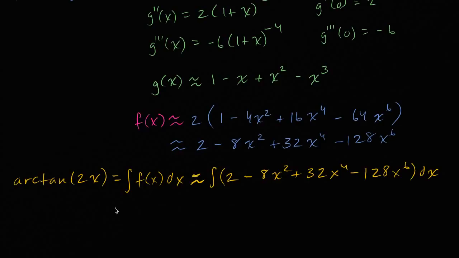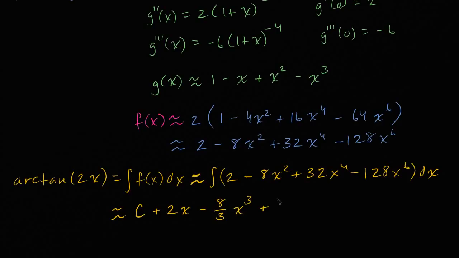So we get approximately equal to, well, I'm going to have a constant there. Let me write the constant first, because when we write our power series or Maclaurin series, the first term is the constant term. It's our function evaluated at 0. So we're going to have a constant, and the antiderivative of 2 is going to be plus 2x. The antiderivative of this, it's the x to the 3rd, divide 8 by 3, so it's negative 8 thirds x to the 3rd power.